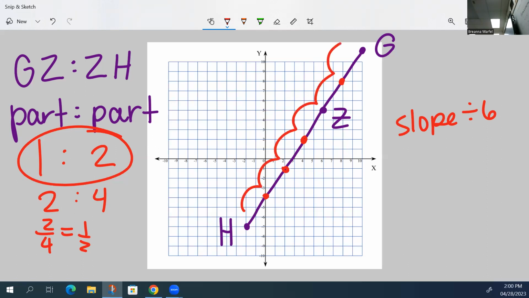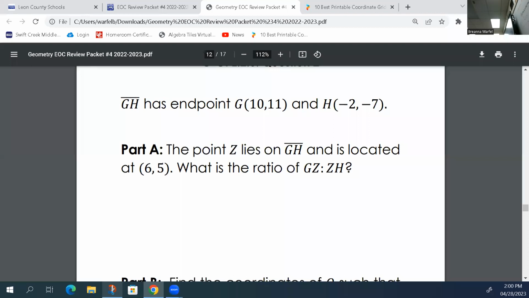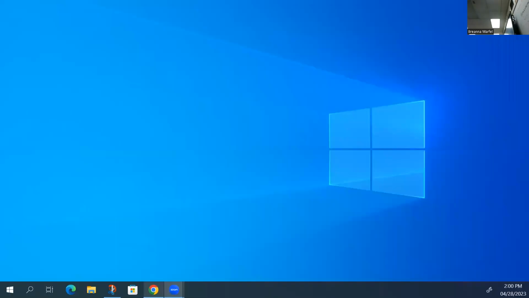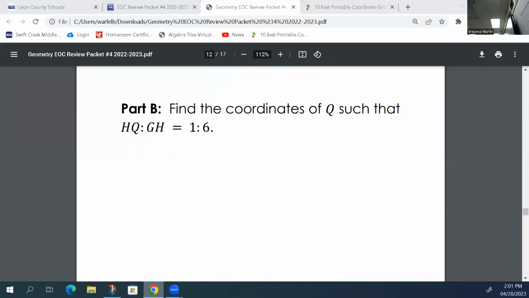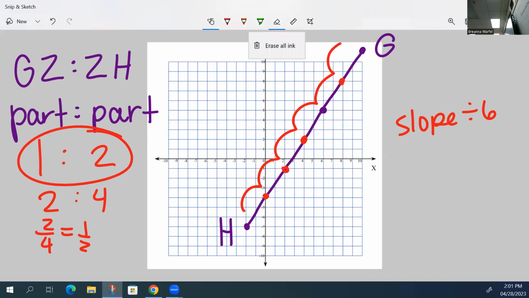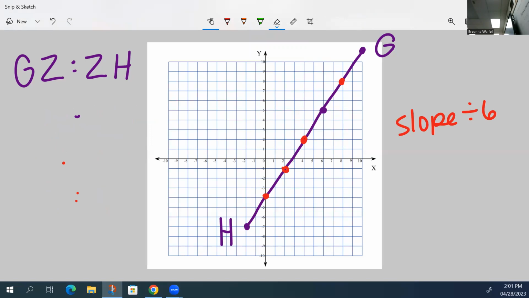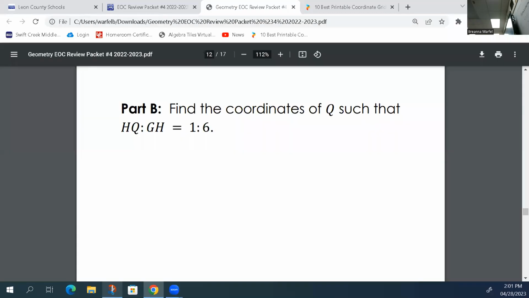And it is asking, let's see, part B is asking for HQ to GH. So this time we have HQ to GH.